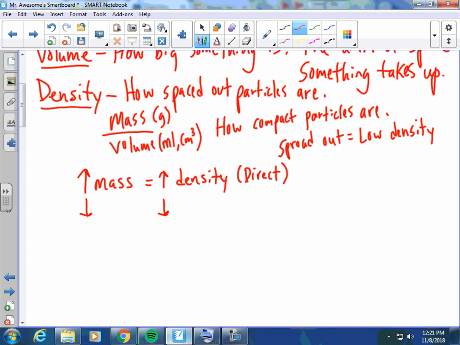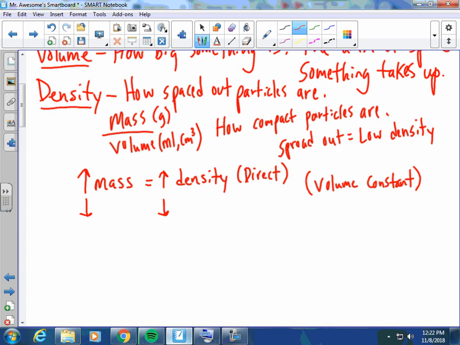Okay, now going the other way, let's say we didn't change the mass. Okay, maybe I should make a note here. Volume constant, what does constant mean? Continuous, consistent, not changing, right? Okay, so let's say we keep the mass the same, the number of particles the same, and we've got this object, it's about this big, and it's got 5 particles in it.